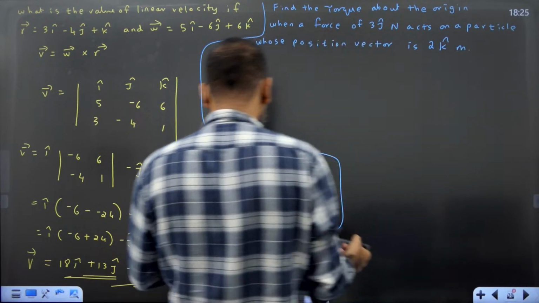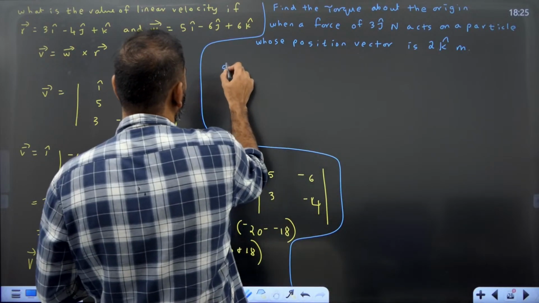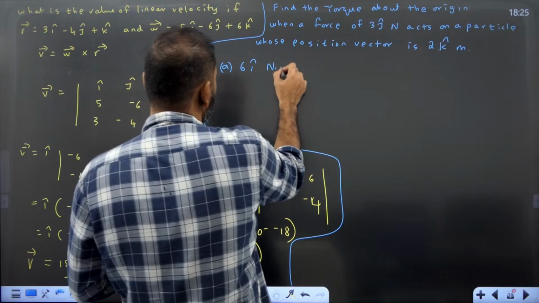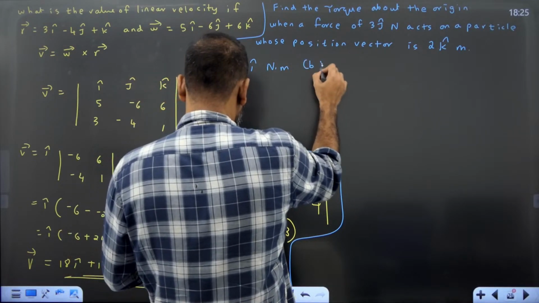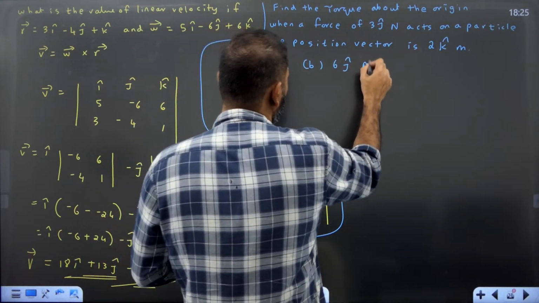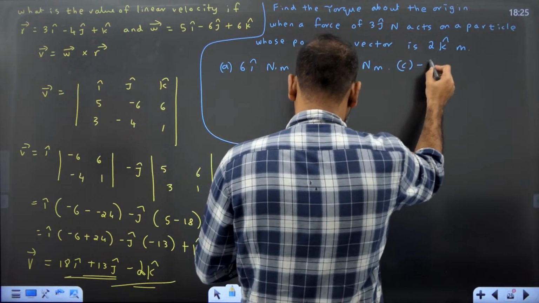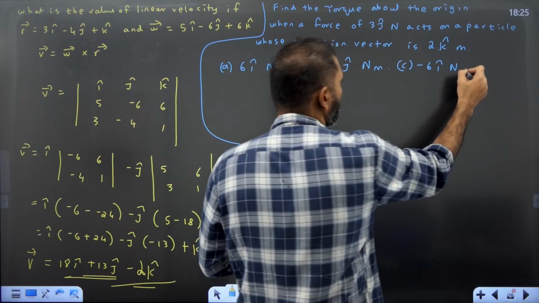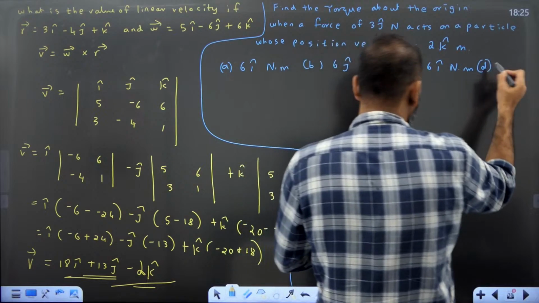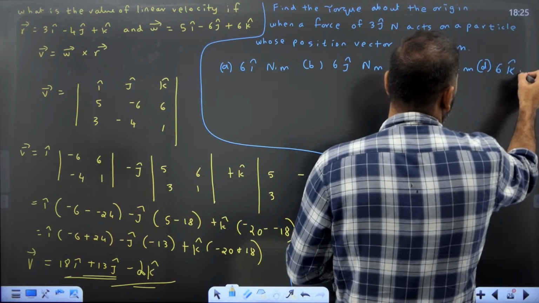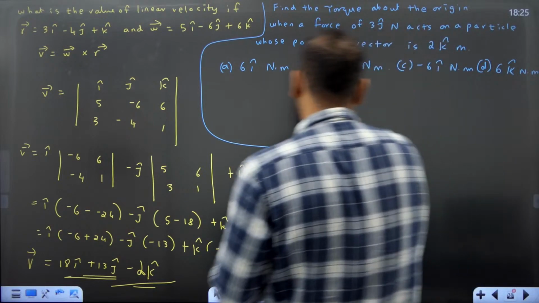Okay, it's a previous NEET question, 2020 NEET question. I'm writing the options: 6 I cap Newton per meter, 6 J cap Newton meter, minus 6 I cap Newton meter, and option D, 6 K cap Newton meter.